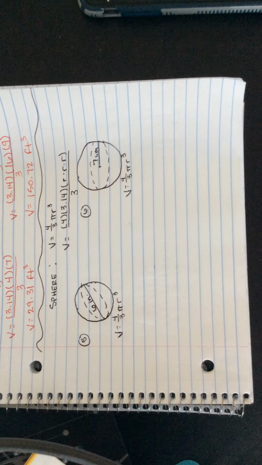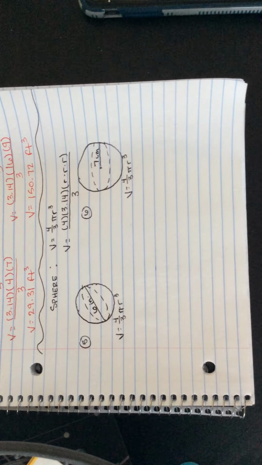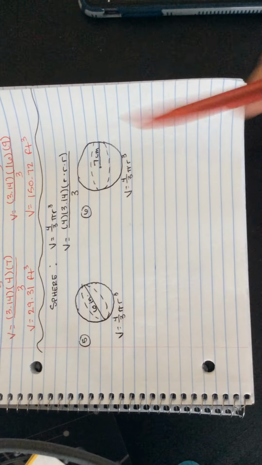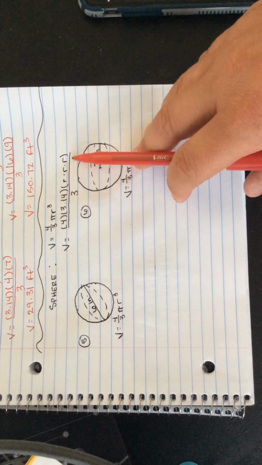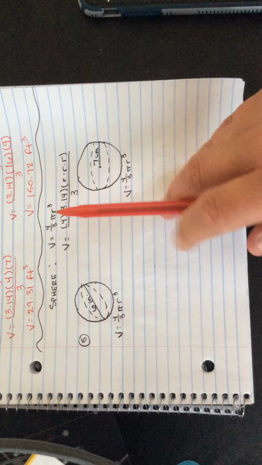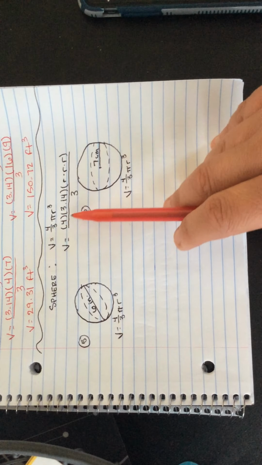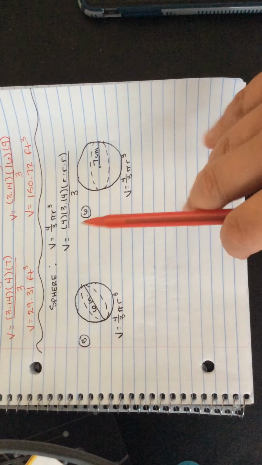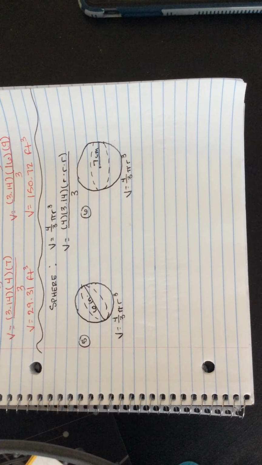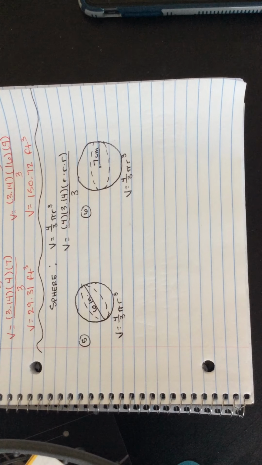So if radius squared means radius times itself 2 times, radius cubed is going to be radius times radius times radius. Now, since we're multiplying that by 4 over 3, again, if we were in school, I would show you how to put that in the calculator really clean and put it in as a fraction.